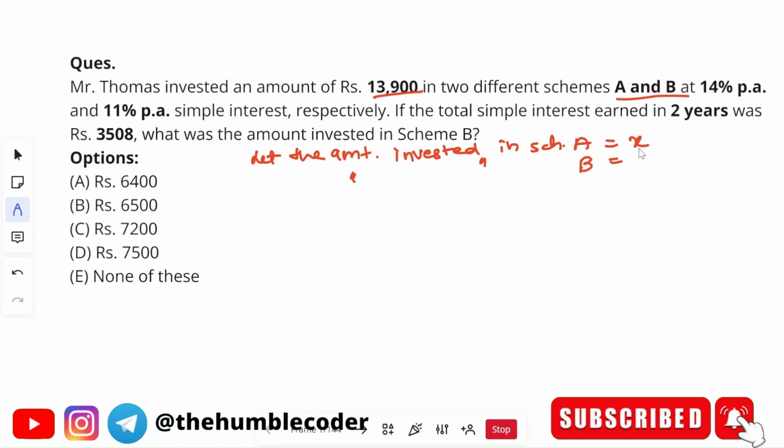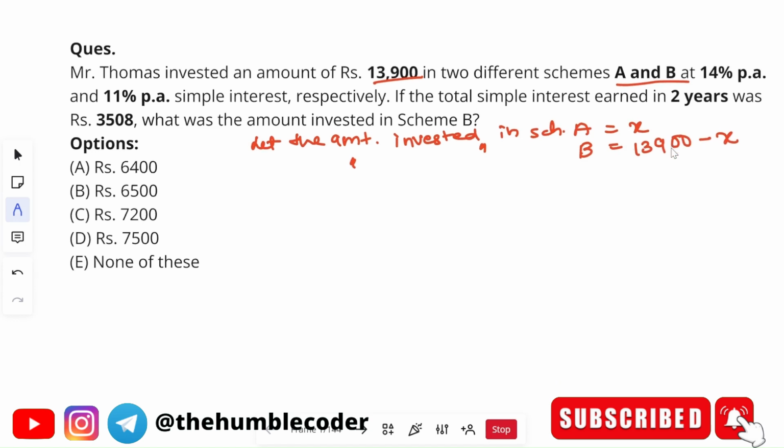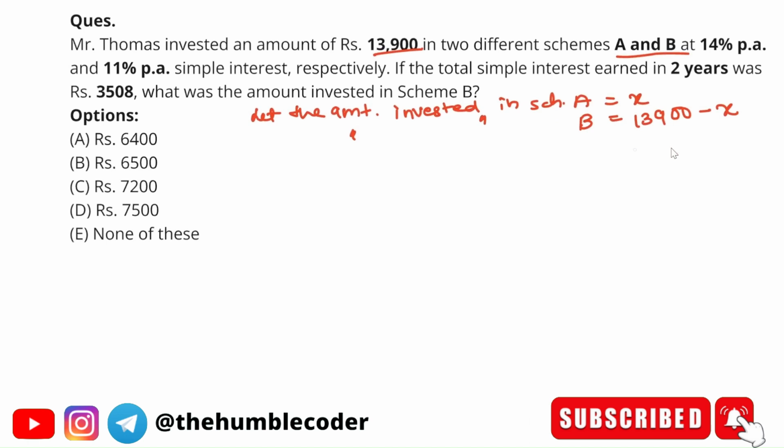If we have invested X in scheme A, then in B we will invest 13,900 minus X, because we know the sum of both is 13,900, right? Now using this we will find out how much we have invested in scheme B. Basically, if we find the value of X, we will find 13,900 minus that value, and we will get our final answer.